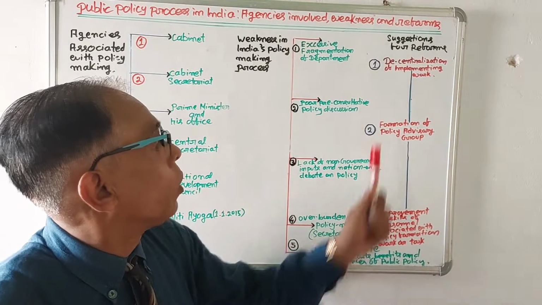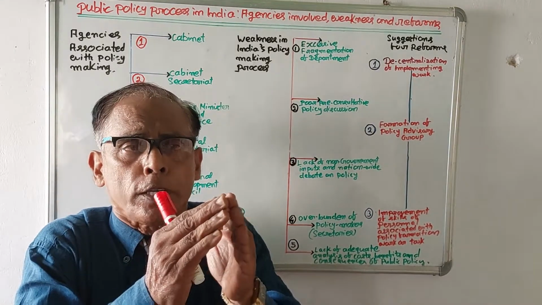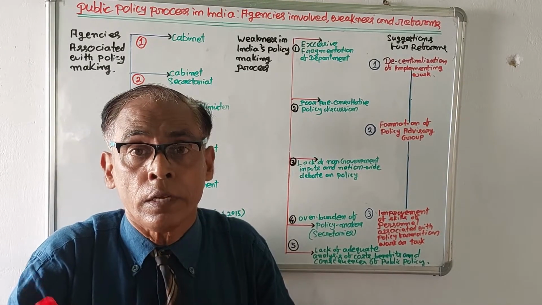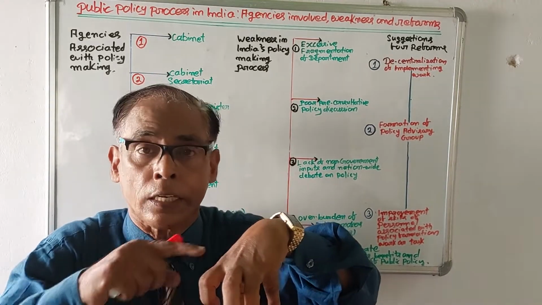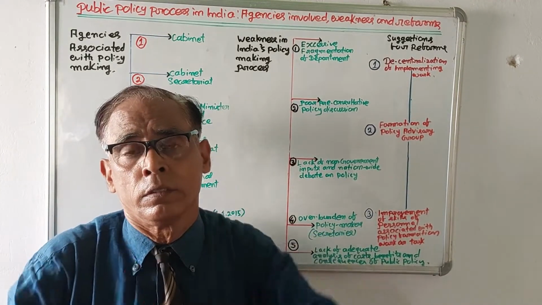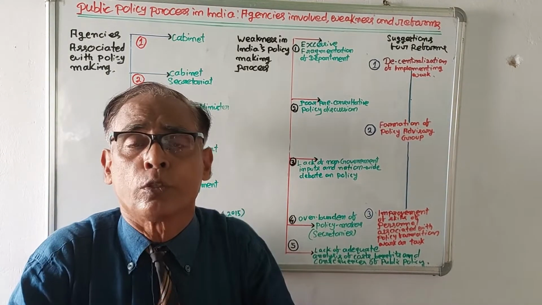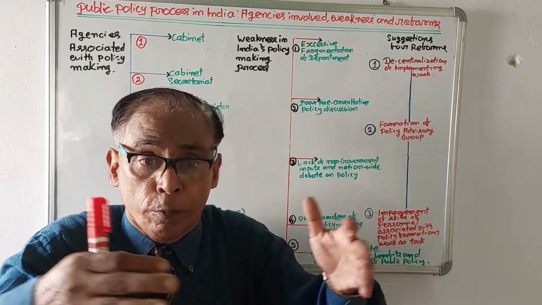And number 2, formation of policy advisory group. Whenever public policy has to be made and implemented, an advisory group must be formed by taking people of different spheres. Even advisory groups can be formed by taking scholars of different groups.